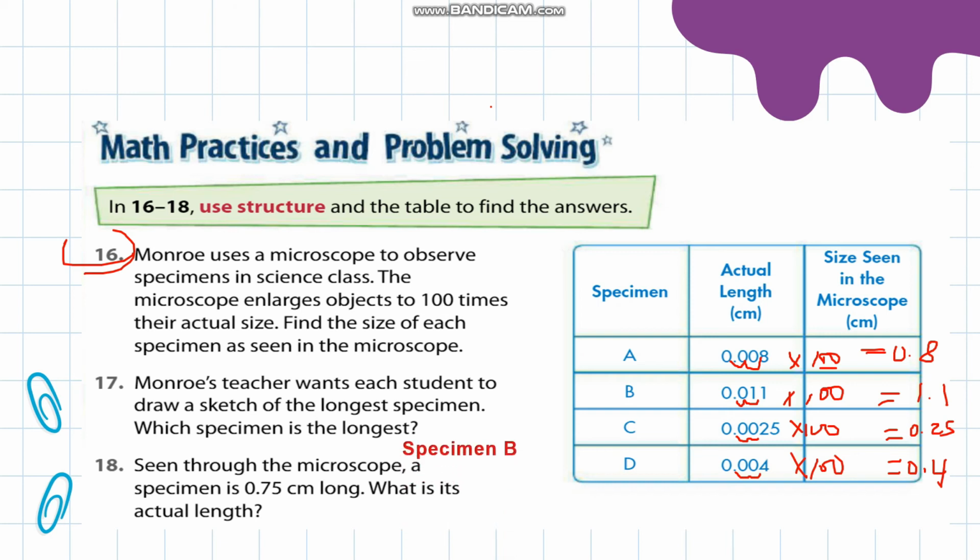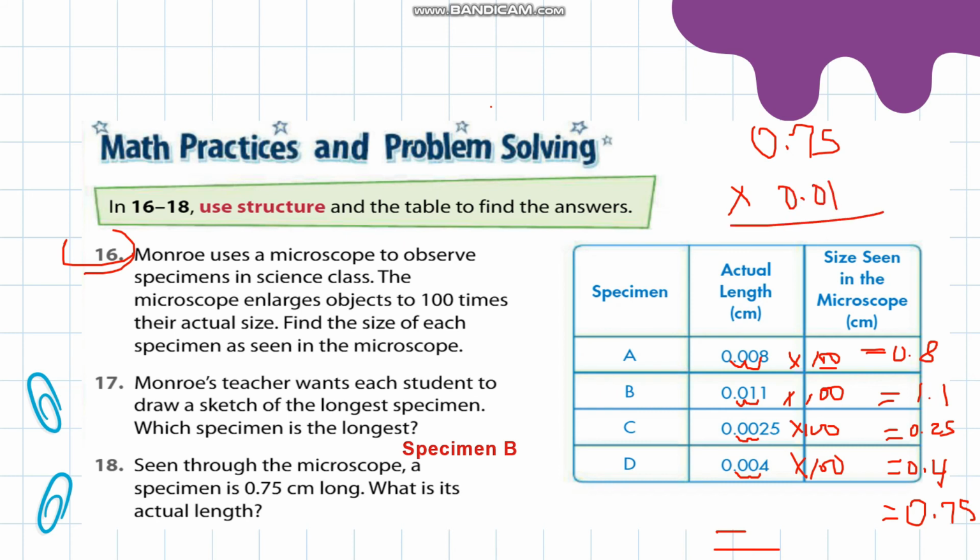Number 18. Seen through the microscope, a specimen is 0.75 centimeter long. So what is the actual length? To find the actual length, you need to multiply by what? 0.75 multiplied by 0.01.